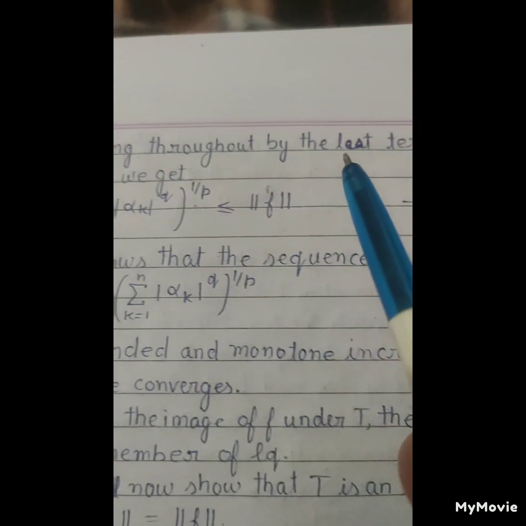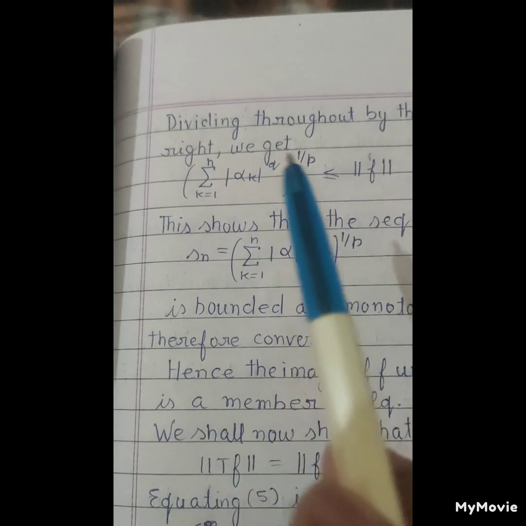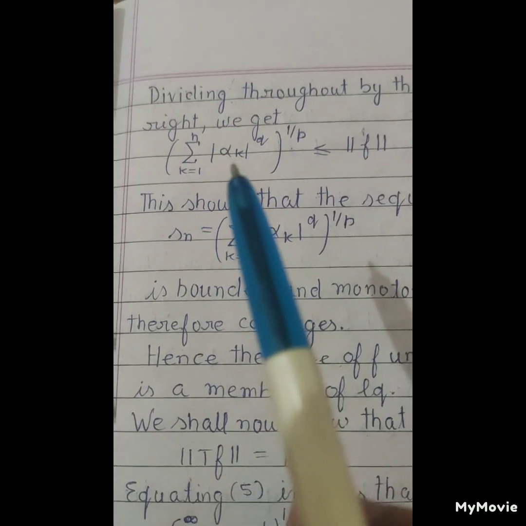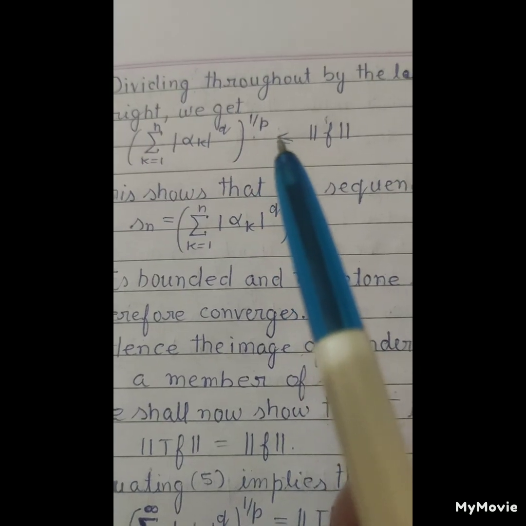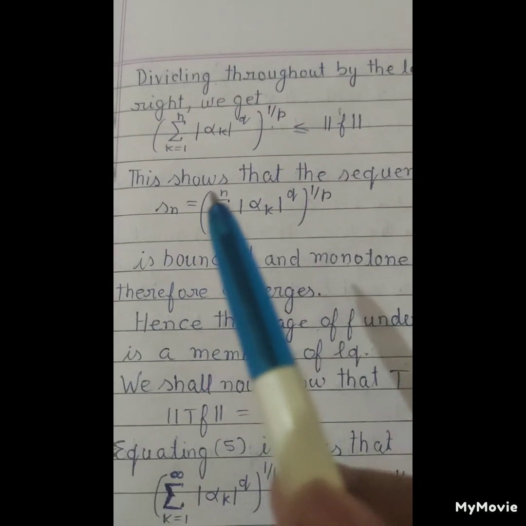Dividing throughout by the last term on the right, we get (Σ_{k=1}^{n} |α_k|^q)^{1/p} ≤ ‖f‖, equation 5.